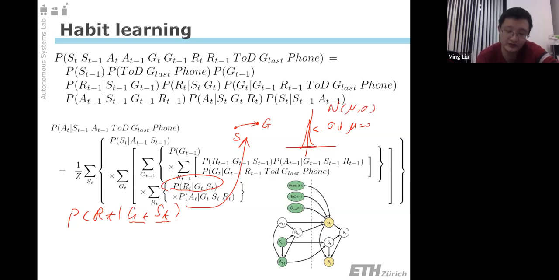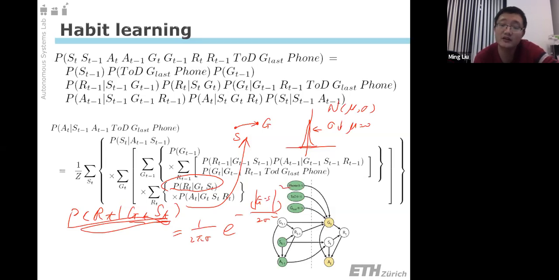Okay, this conditional distribution is a Gaussian. If you want to write it out, it's just 1 over 2 pi sigma, and then e to the power minus. This part is important: we can use the absolute difference between the goal minus the s, squared. Something like this.